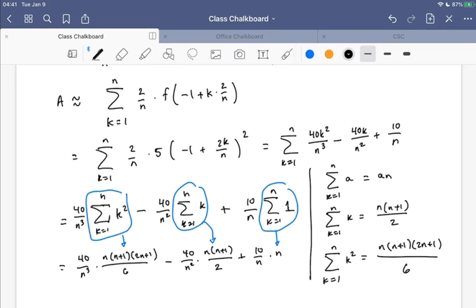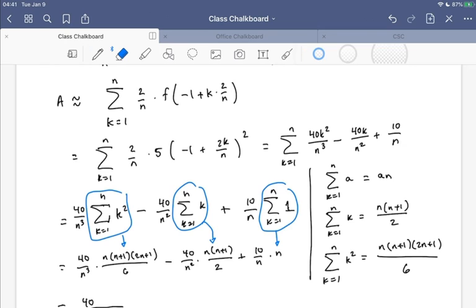Okay, and we could probably simplify a little bit. If we like, we can cancel some stuff, so it looks like we got some n's that cancel in each term, so we could simplify this expression a little bit. Let's go ahead and take care of the low-hanging fruit, namely the n's. So we'd have 40 over 6 n squared.